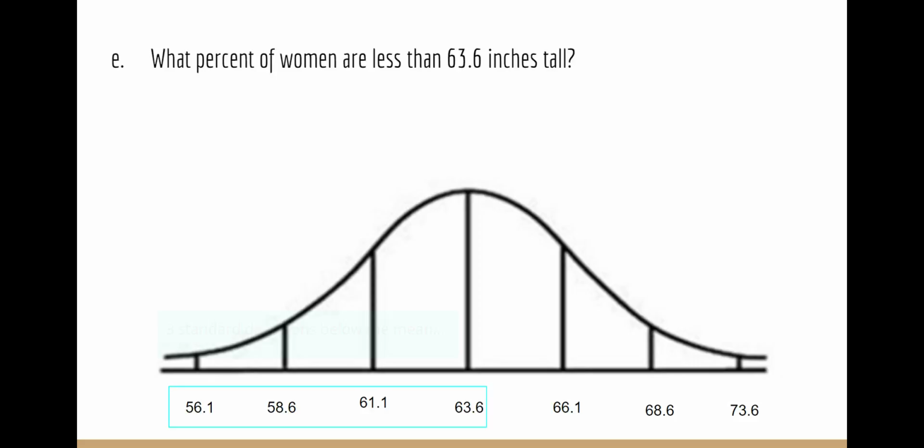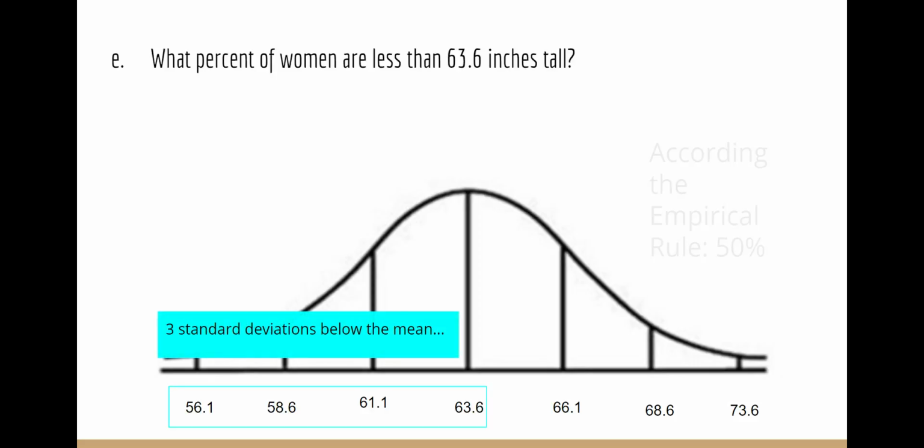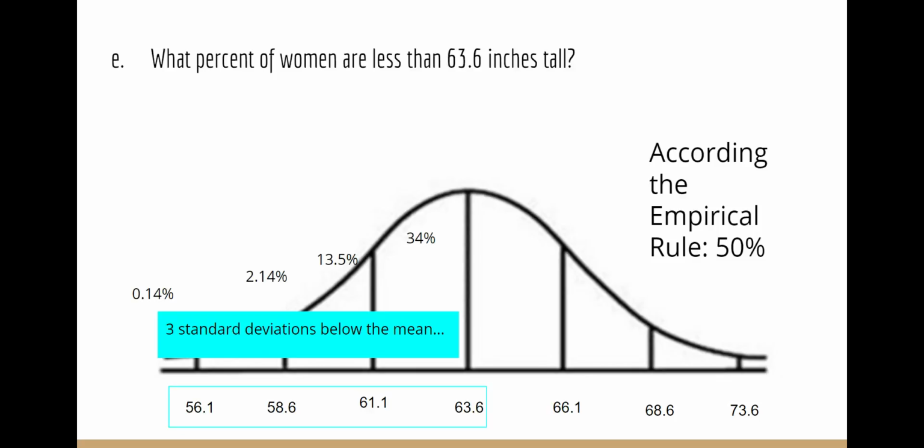So instead of adding all of these up or trying to memorize that 3 standard deviations below the mean is about 50%, just remember that if we're talking in terms of the mean and it says what percent is larger or less than the mean, it's just 50% of the bell-shaped curve. We're just cutting our bell-shaped curve in half.